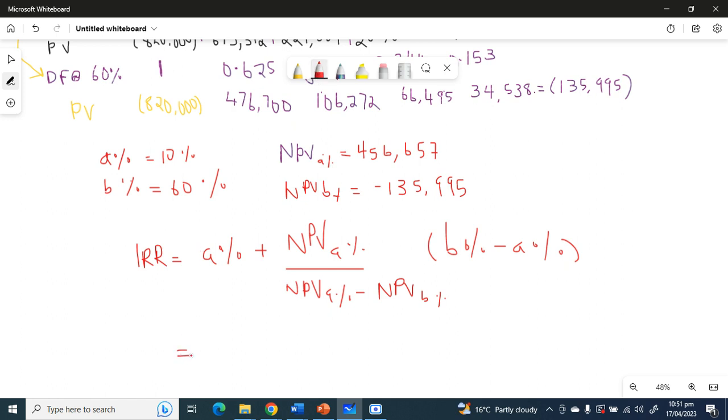So A%, this is 10%. Please do not convert them to decimals because once you get your answer, you have to convert it back into a percentage. Over 456. Remember, order of operations.